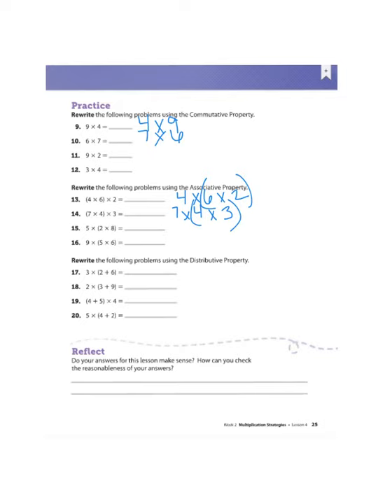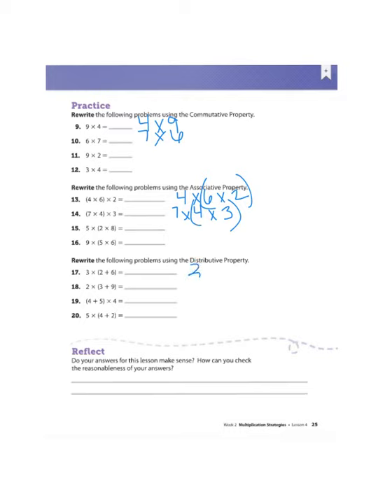And 17 through 20, they're going to rewrite the following problem using the distributive property. So this is the one that might take you a little more time because we are taking that first number and we are distributing it to the 2 and the 6. So it's going to look like this.